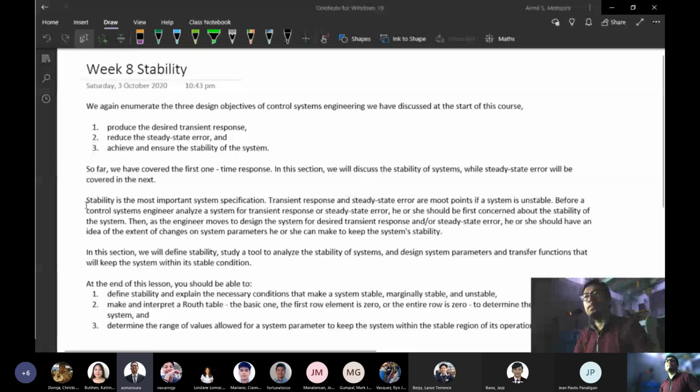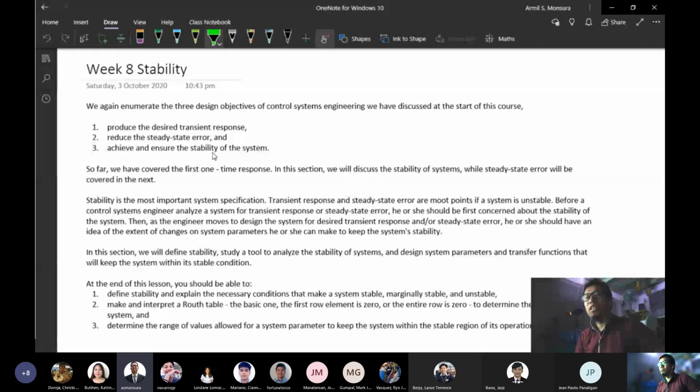Stability is the most important specification. We should remember that without ensuring first that your system is stable, your system design is basically moot and academic.